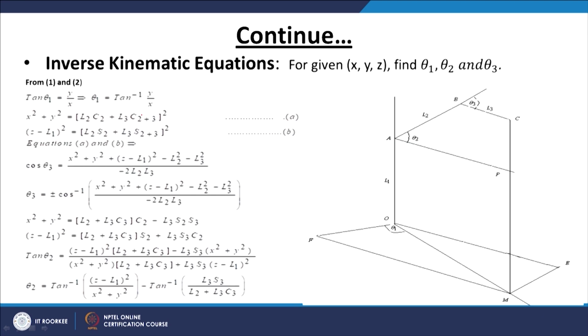After writing the kinematics equations, we can solve the inverse kinematics as we did for the 2 link manipulator. We can easily see that theta 2 is given by cos inverse of this expression.